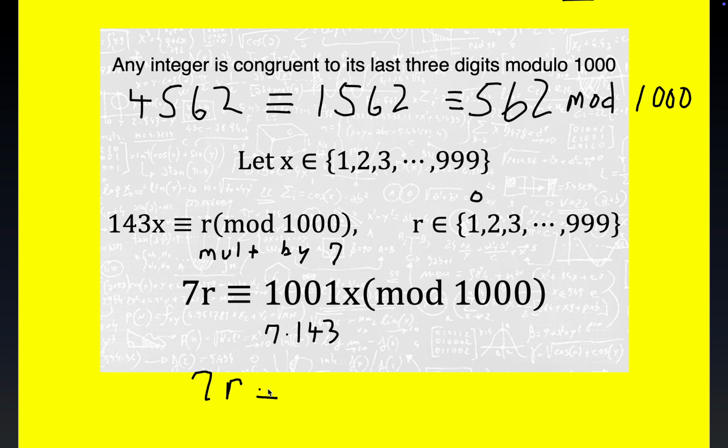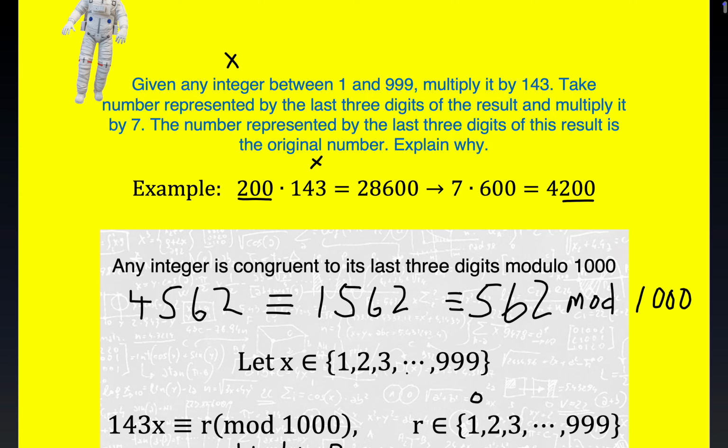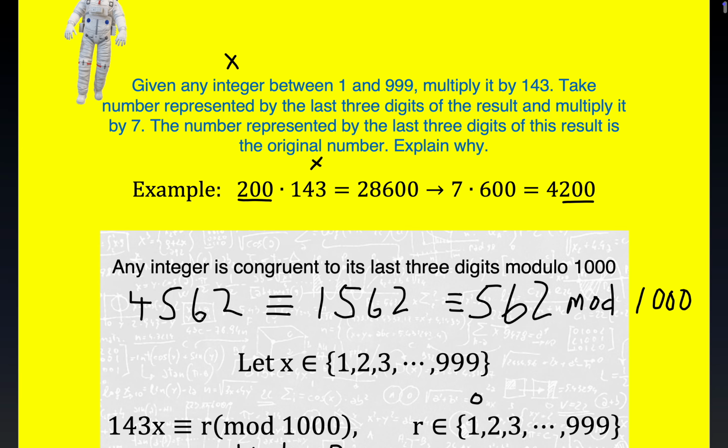So this may be superfluous, but I will write this as 1x, and that 1 is the remainder that you get when you divide 1,001 by 1,000. But you see, it's QED time. That means these both have the same three-digit remainders.